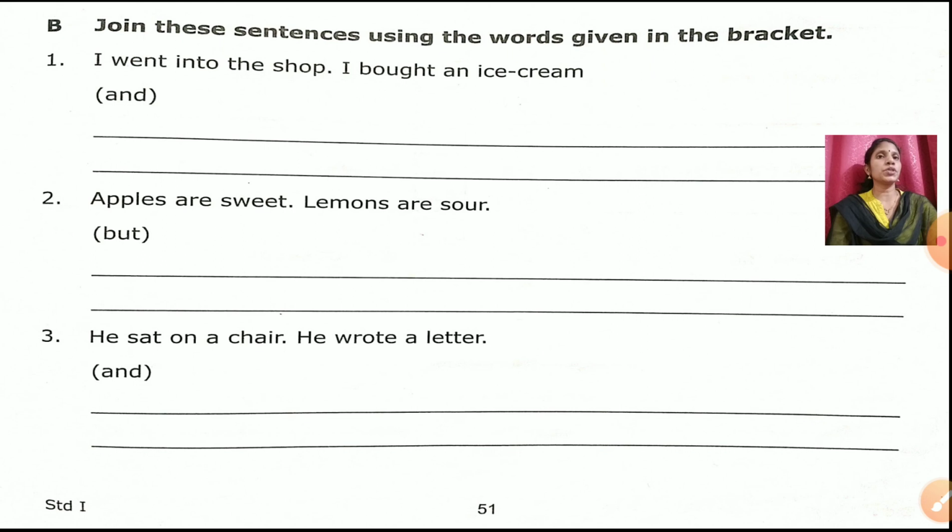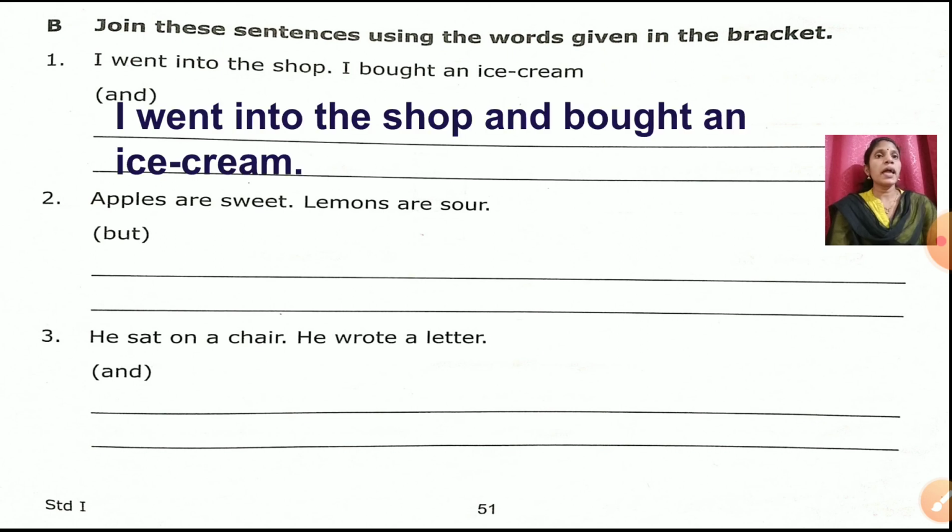And the second one is I bought an ice cream. With the help of "and" we have to join both the sentences. I went into the shop and bought an ice cream.